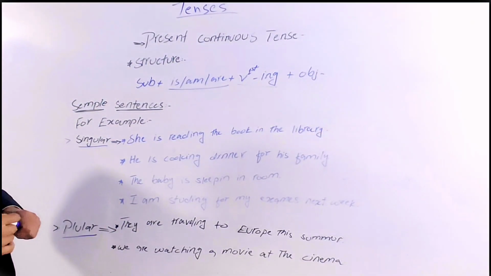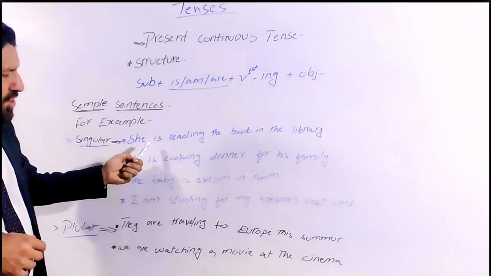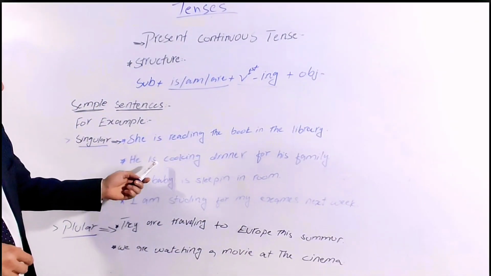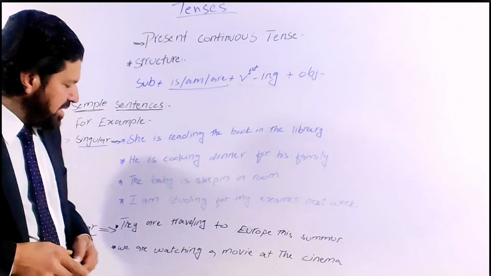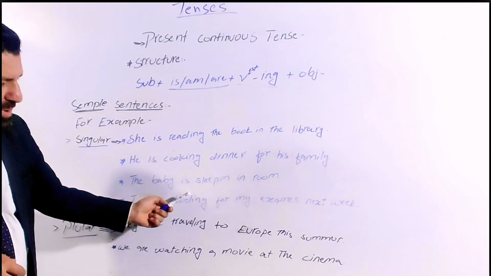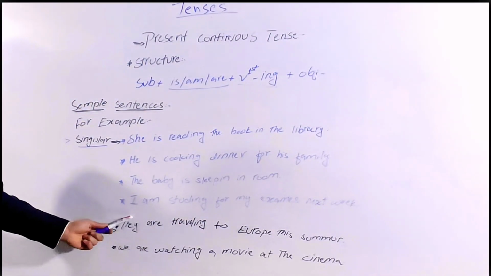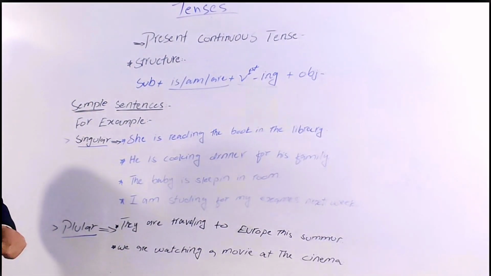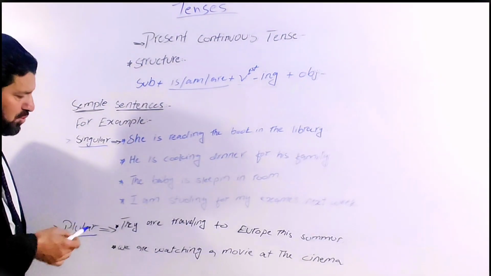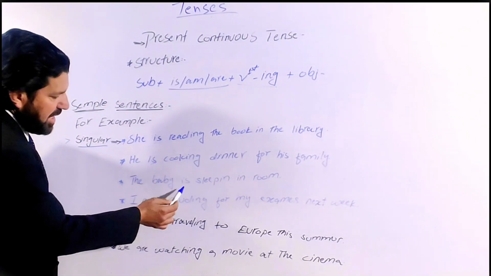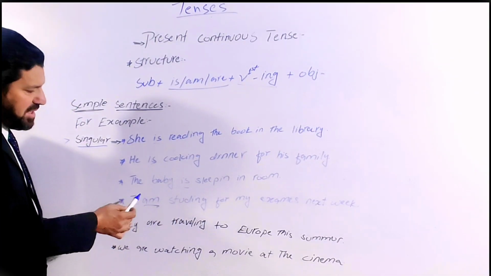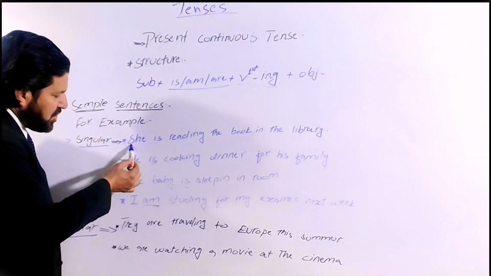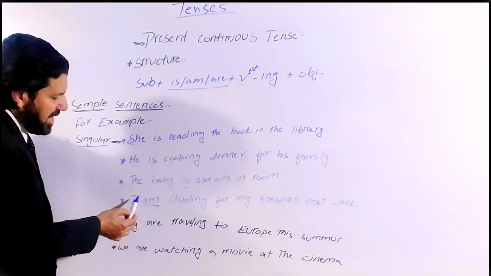So for example, singular sentences: She is reading the book in the library. He is cooking dinner for his family, and the baby is sleeping in her room. I am studying for my exams next week. Here you just keep in mind that we use is and am as singular helping verbs, and we use she, he, I, baby.